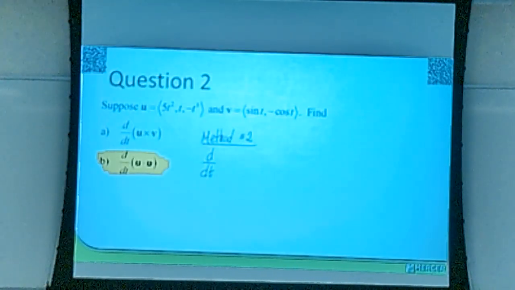Take a vector, dot it with itself. It's not 0. If you take a vector and cross it with itself, it's 0. It was one of the properties. A vector dotted with itself is the square of its magnitude.